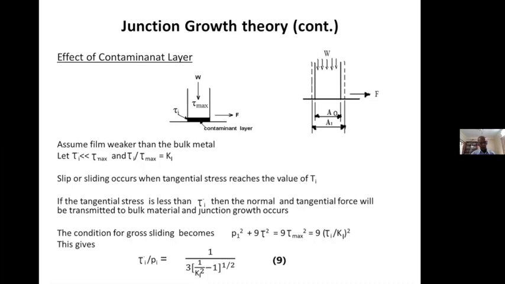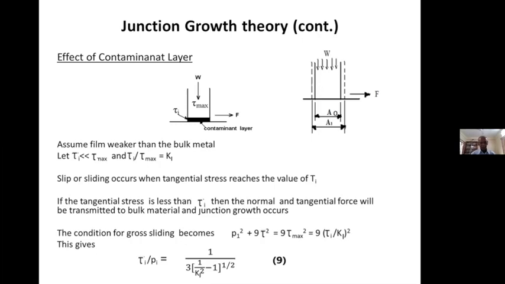But if it is not, then the normal and the tangential force will be transmitted to the bulk material and junction growth will occur. Junction growth always occurs in the bulk material. Look at the figure on the right. On the right, junction growth will occur in the main material.